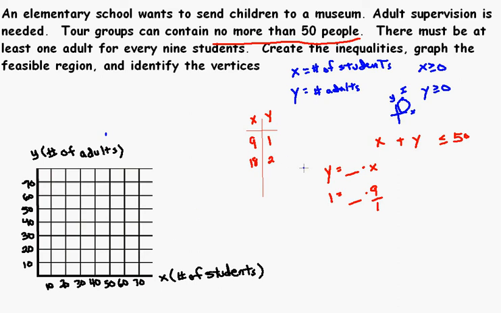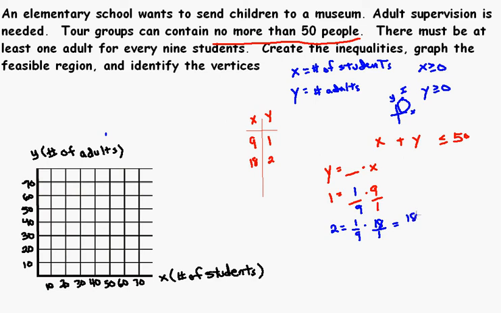Let's try another one. What if I said that 2 was my Y and I had 18 over here? What would I multiply 18 by to get 2? I'm hoping you're going to tell me it's 1/9 again, because in effect this becomes 18 over 9, which is 2.